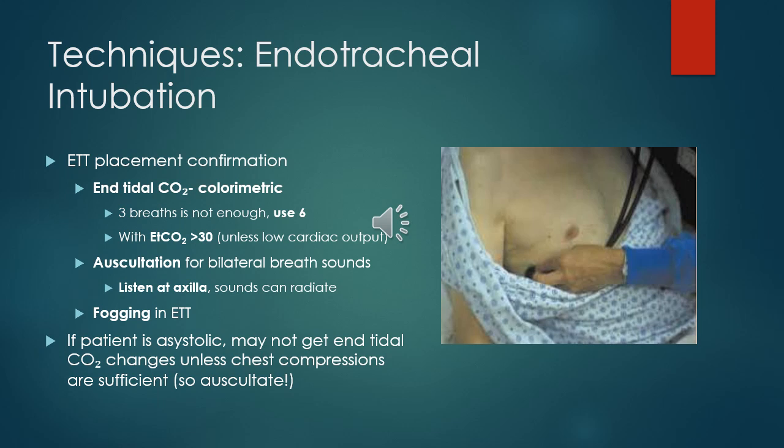Condensation in the tube is also comforting, although it in no way guarantees proper placement. And then, of course, this can be different if the patient is in asystole, at which point end tidal can be used to assess adequate chest compressions, and you want at least 10 as your end tidal CO2 if you're doing capnography.